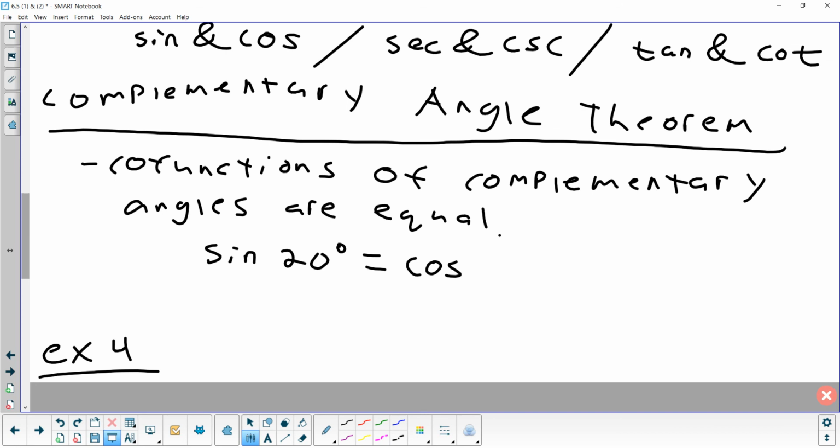How much? 70. Those are co-functions. Those are complementary. Therefore, they would come out exactly the same. I don't know what they would come out to because that's not an easy one to do in my head. But whatever the one on the left comes out to, the one on the right would be exactly the same. Any question on that idea?